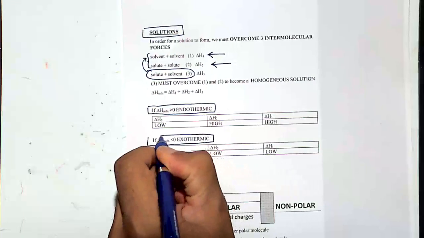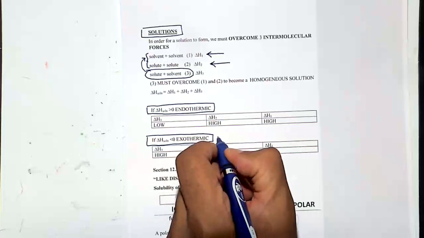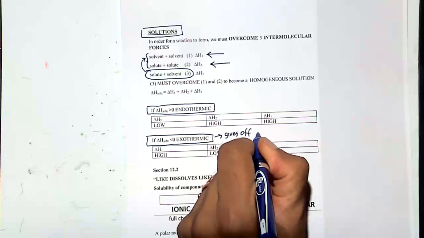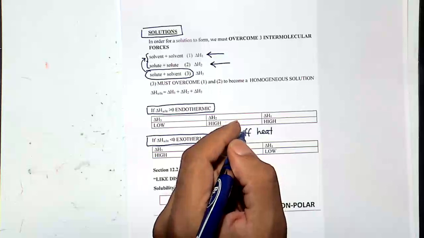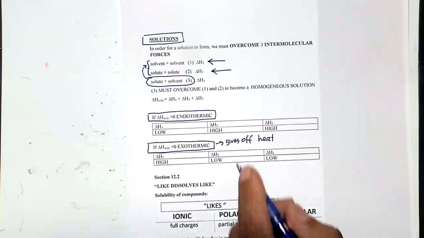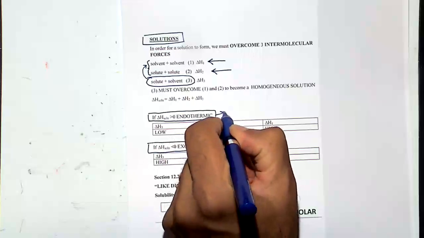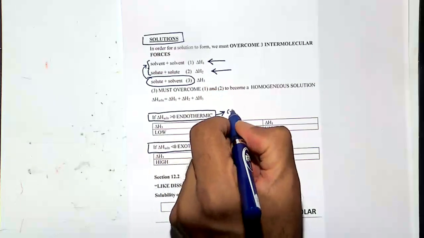So sometimes if you put a solute in a solvent, it gives off heat. And sometimes you put a solute in a solvent, it doesn't go into solution. What do you need to add to get it into solution? If one gives off heat, what does the other one require?